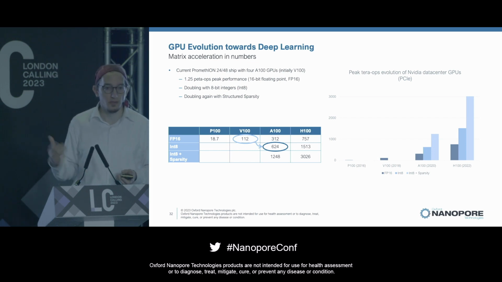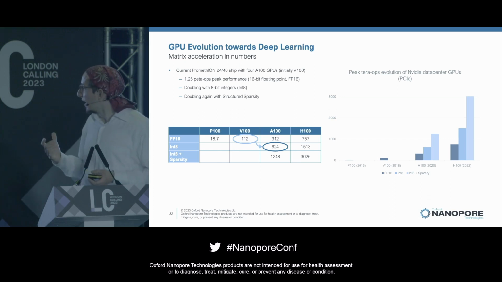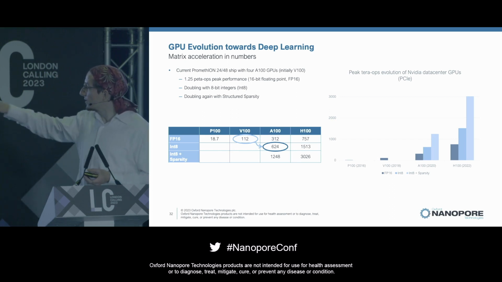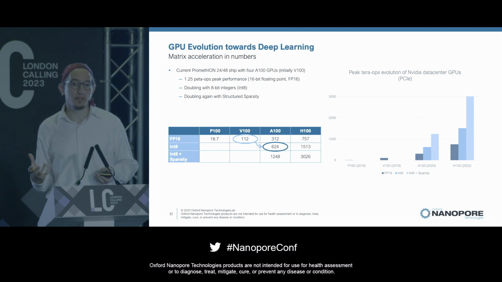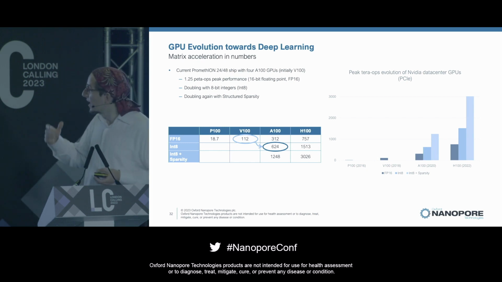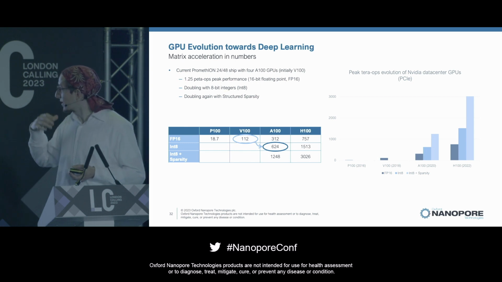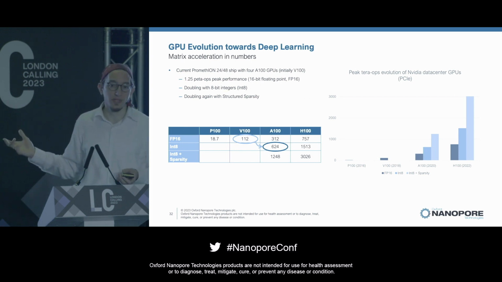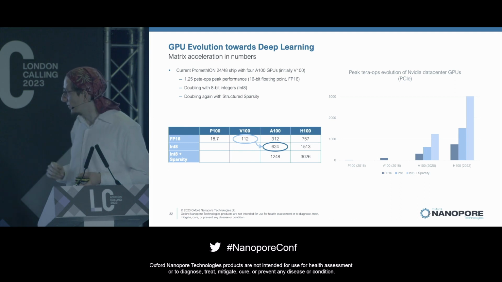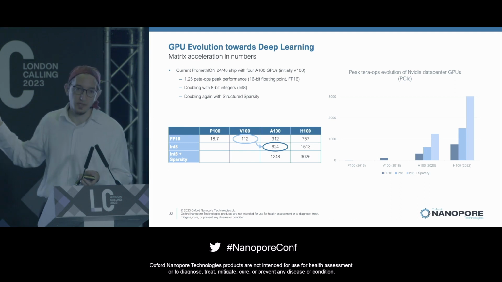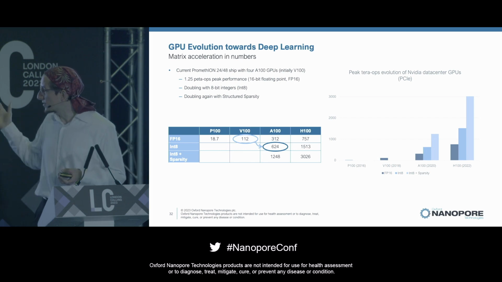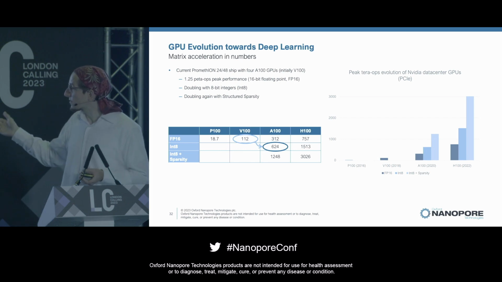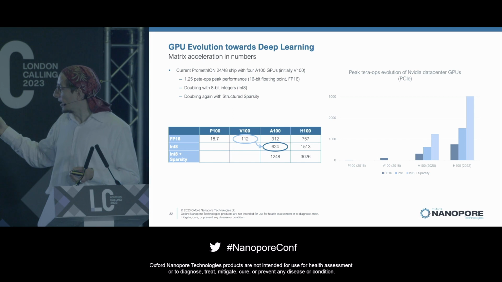That's 2 to the power of 12 operations. 2 years later, the Volta architecture introduced tensor cores. These are matrix multiplication accelerators, and that led to a 6 times improvement in peak performance here in using 16-bit floating point numbers. Then Ampere architecture 2 years later again gave a massive improvement in performance.